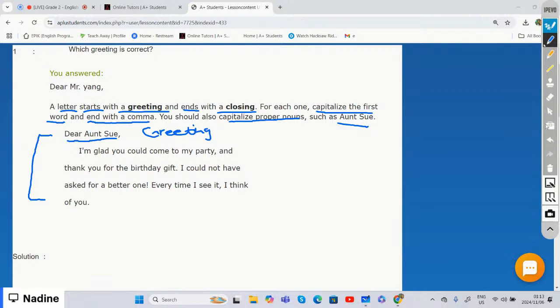But now we also have a closing. This is our letter thanking Aunt Sue for being at the party and for the gift and how much she loves the gift.